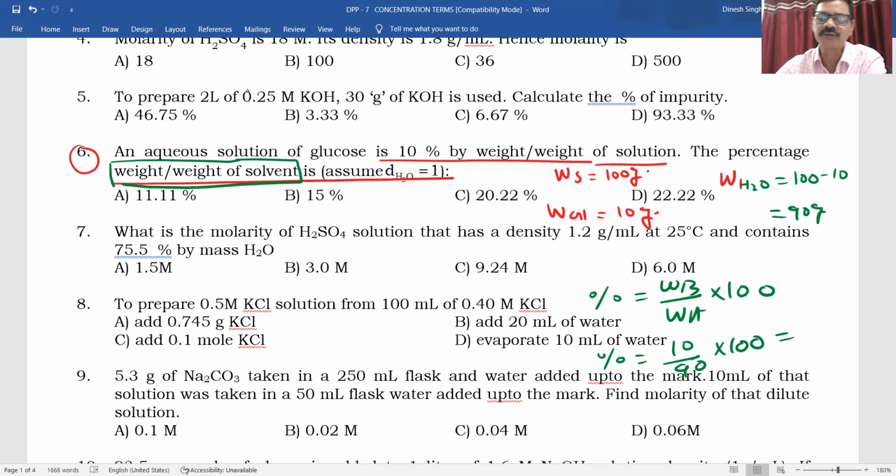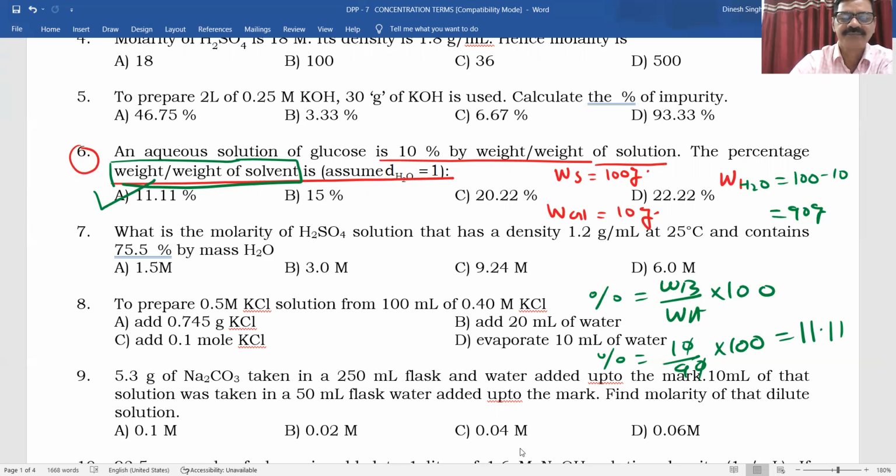So this will be equal to 100 by 90, which is 11.11%. So what will be our answer? Our answer will be this. So I think it is clear to everybody, the meaning of weight by weight percent.